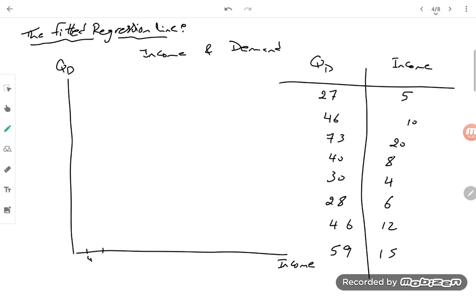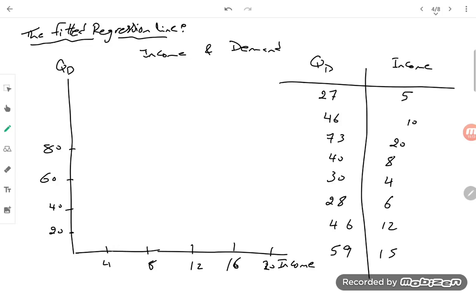It's 4, 8, 12, 16, and 20 for income, and 20, 40, 60, 80 for quantity.